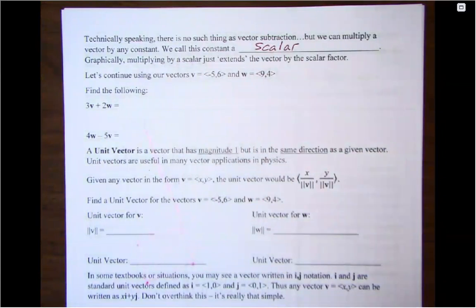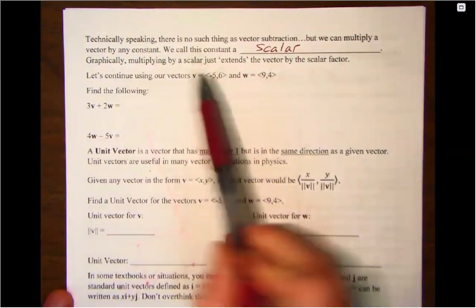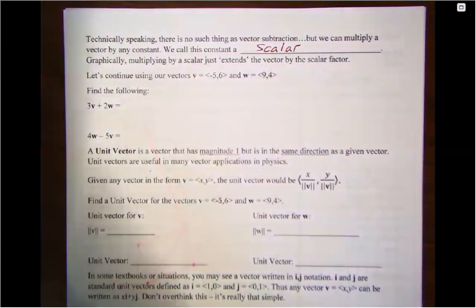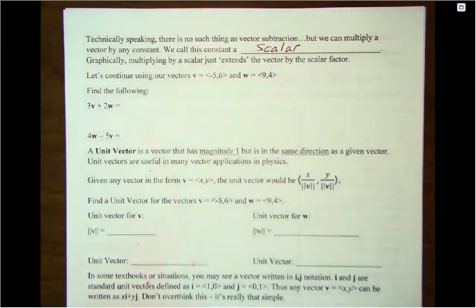It just makes a vector longer or shorter by that factor. I'm not going to go through the whole graphing part, but if you multiply a vector by a scalar, like 2, it's going to be twice as long. If you multiply by a half, it's going to be half as long. So it's just a multiple of a vector, making it longer or shorter by that same factor.